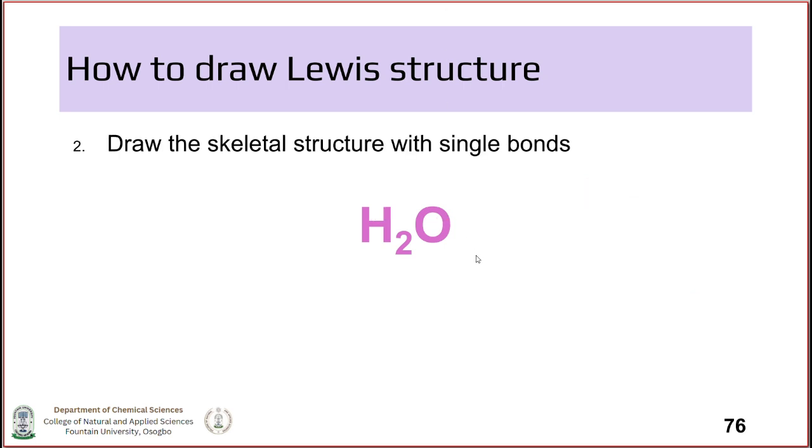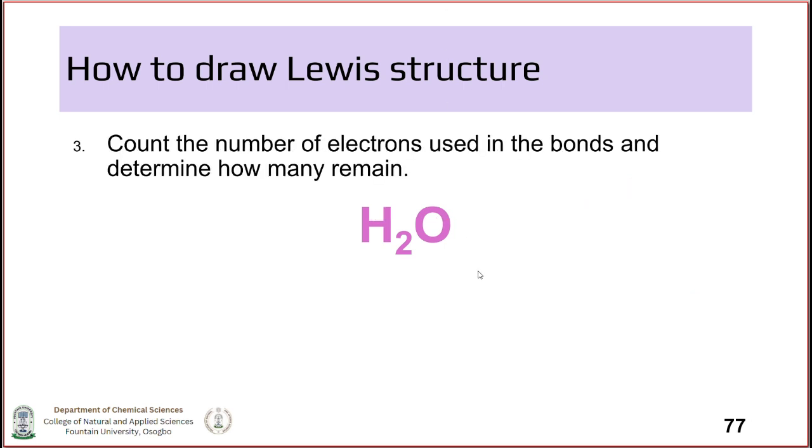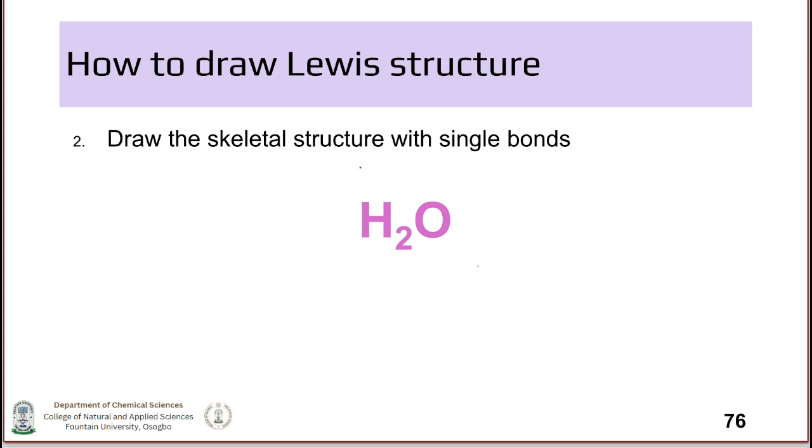So the next is to count the number of electrons used in the bonds and determine how many remain. So I think I jumped step 2. Step 2, draw the skeletal structure with single bonds. Of course we know that oxygen will be in the central position.